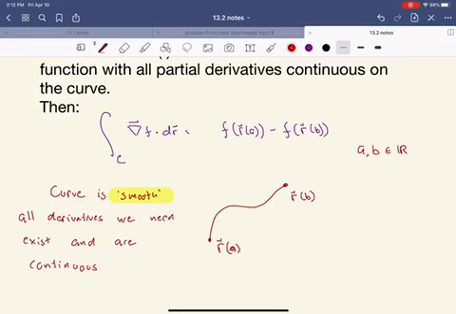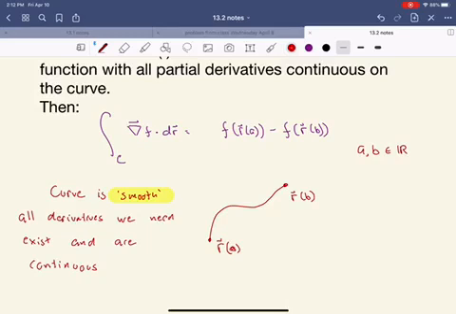And other books might even go as far as to say you need infinitely many derivatives to exist and be continuous. So there's varying degrees of what is called smoothness. We're just going to take it to be any derivative we want. So that would actually be C infinity, or infinitely many derivatives existing. Okay?